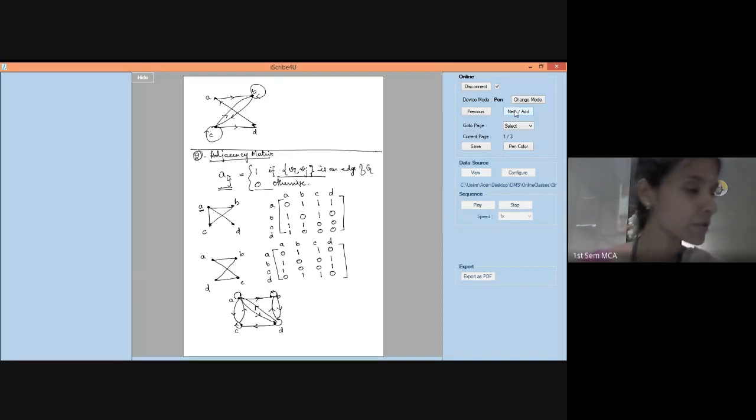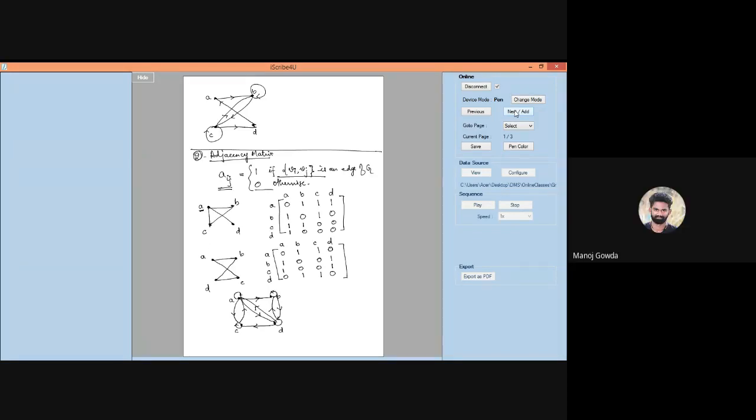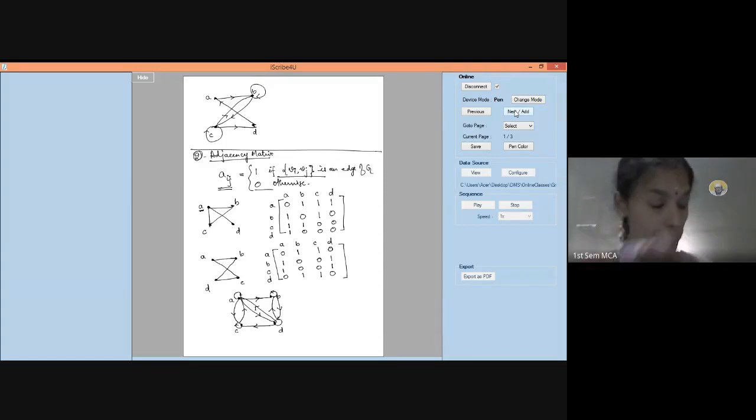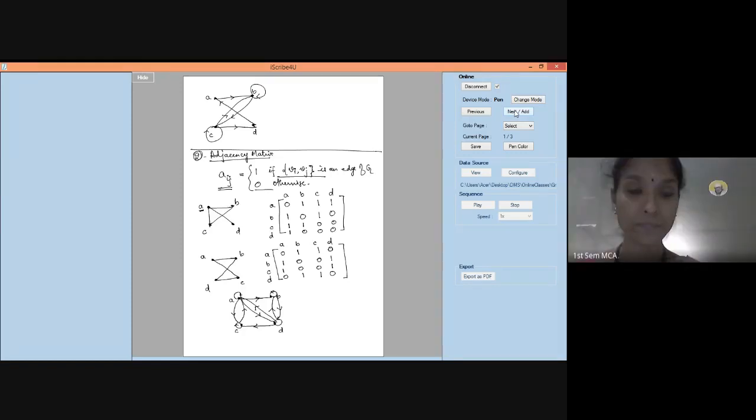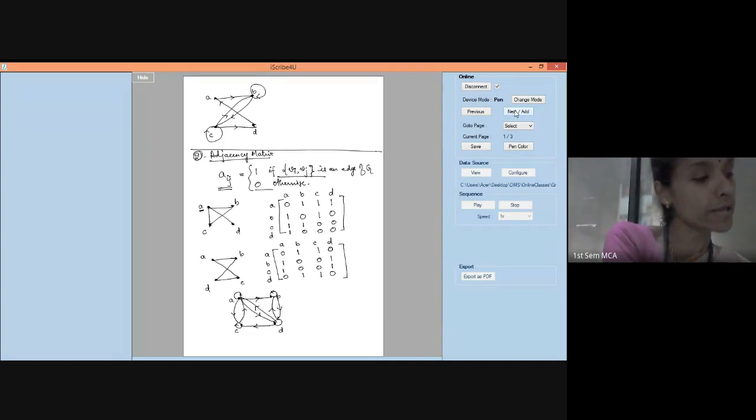You can maybe try later. This is a directed multi-graph because you have multiple edges between the vertices. You also have loops, right? And there is a directed edge.